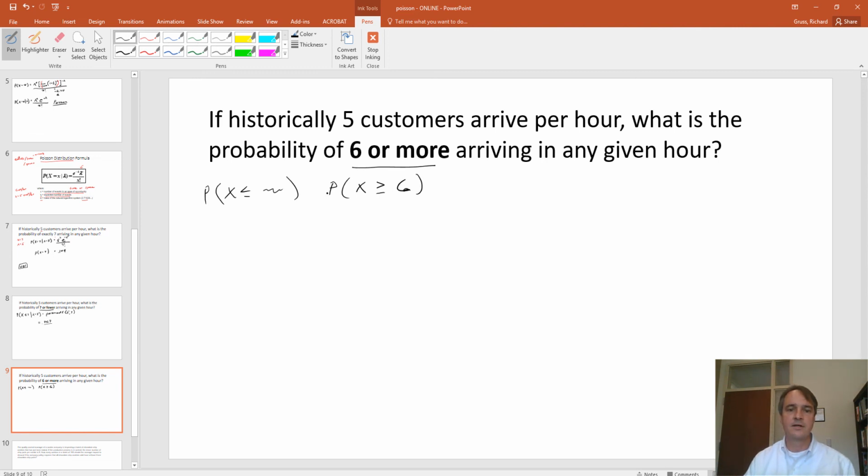We can recast this as a problem we can solve. 6 or more is the complement of 5 or less.